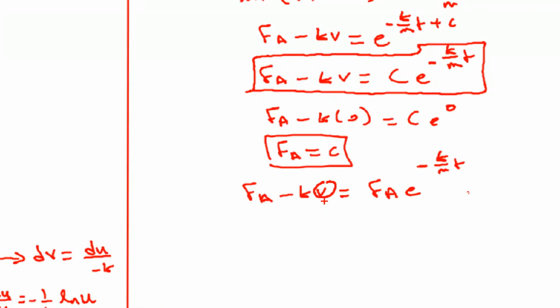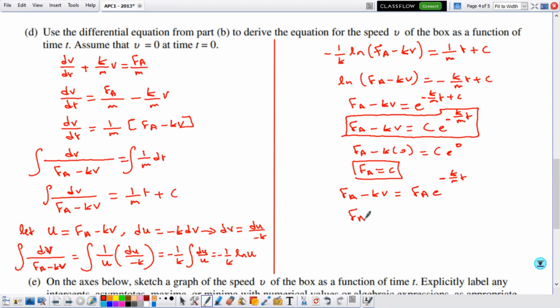This v depends on time. We will take this to the right hand side and this to the left hand side: Fa minus Fa e to the power of minus k over m multiplied by t equals kv. Now kv equals Fa; if we factor out Fa, that would be 1 minus e to the power of minus k over m t, and here we can divide by k.